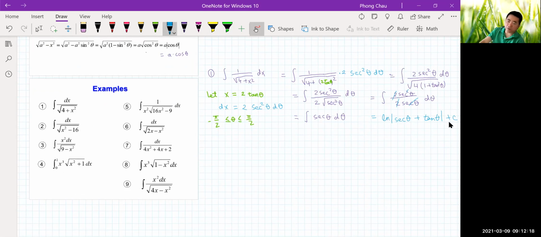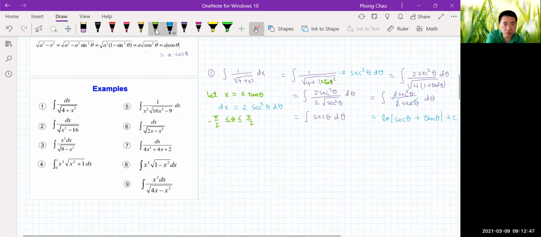Notice that we are not done yet, even though I integrated this. I integrate the secant, it's natural log of secant plus tangent. But don't forget that the secant theta and tangent theta are in terms of the new variable. We need to change it back to the variable x, right? That's called back substitution.